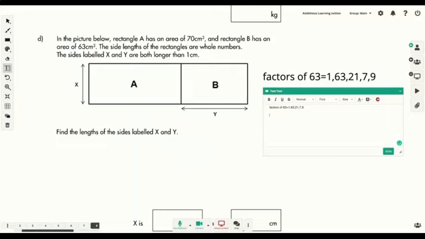The same way, I'm going to write down all the factors of 70. Those are 1, 70, 2, 35, 5, 14, 7, and 10.